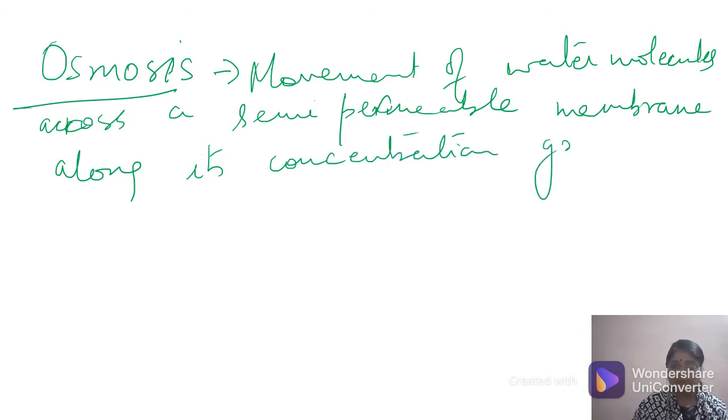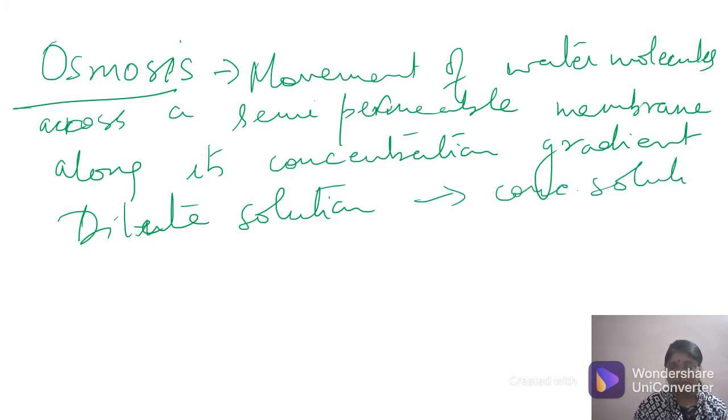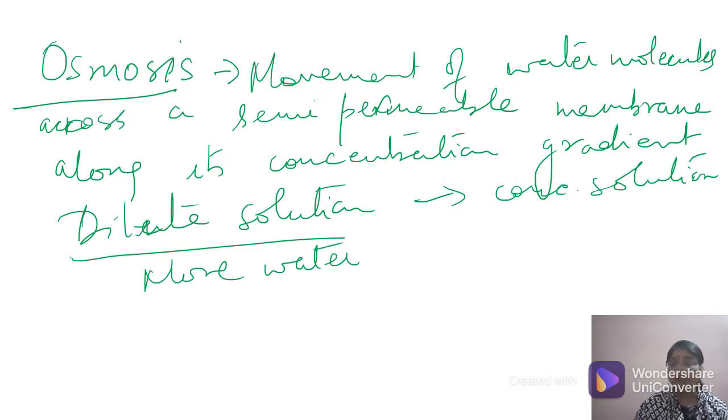Or if I have to simplify it, I can say movement of water from dilute solution to concentrated solution. I hope you understand, because dilute solution has more water. So from where is water moving? From where water is more to where water is less. I hope you get it.